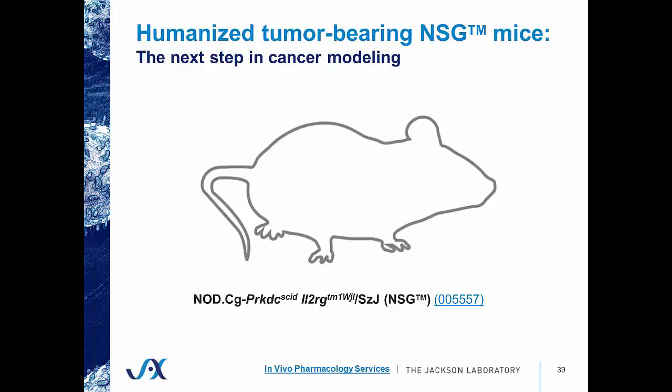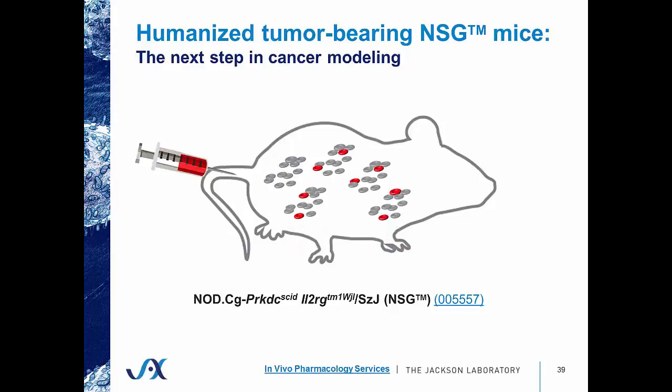While this publication came out, we were in the midst of performing our own experiments and validating this model, in which we take an NSG mouse and inject it via tail vein with human hematopoietic stem cells. These human hematopoietic stem cells will home to the bone marrow, engraft, and repopulate, differentiating into all immune cell types of the blood.